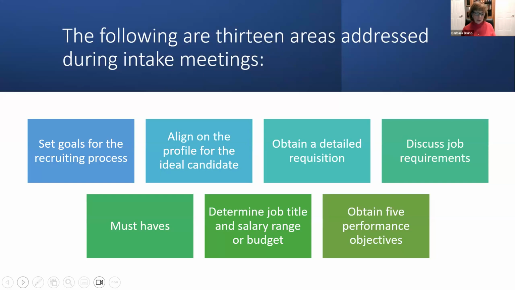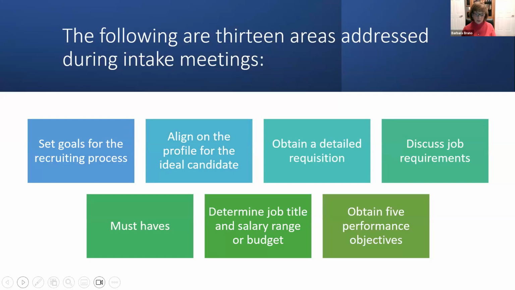The real game changer is to obtain 5 performance objectives. I can tell you when we started obtaining performance objectives, almost 12, 13 years ago, it was an absolute game changer. The minute we started getting performance objectives, not only were we filling jobs faster, but we were filling requisitions faster with top talent that then ended up being engaged and retained.